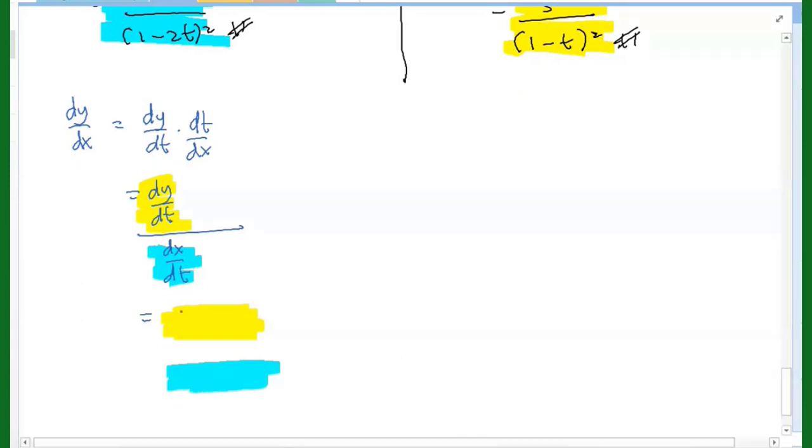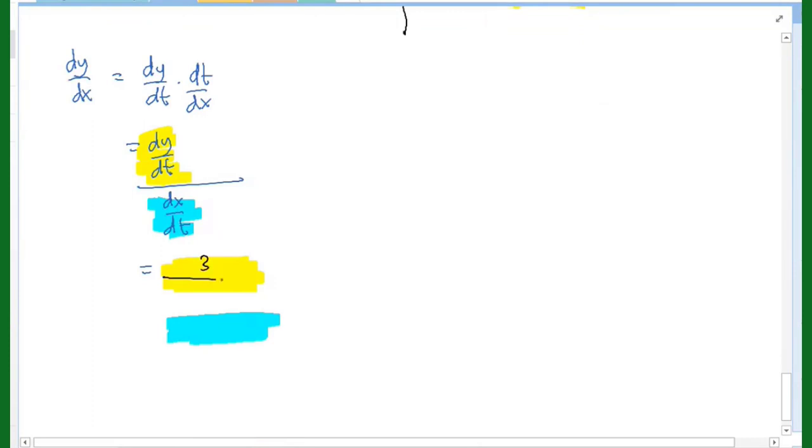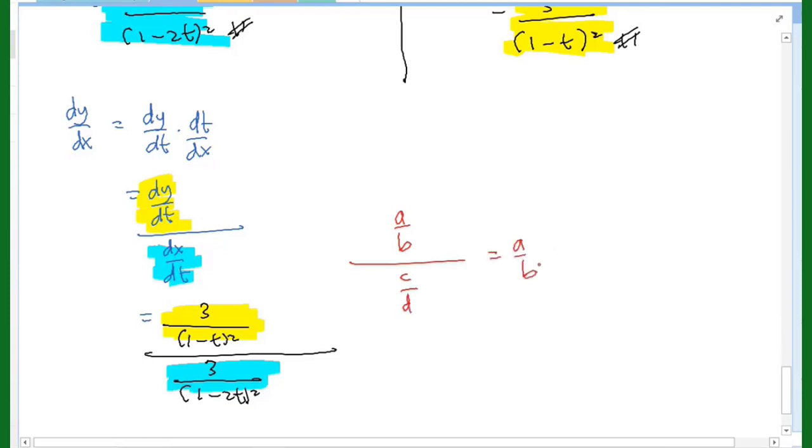Okay, dy dt is equal to 3 over 1 minus t squared over 3 over 1 minus 2t. Okay, so we're going to use this concept, a over b over c over d is equal to a over b times d over c.